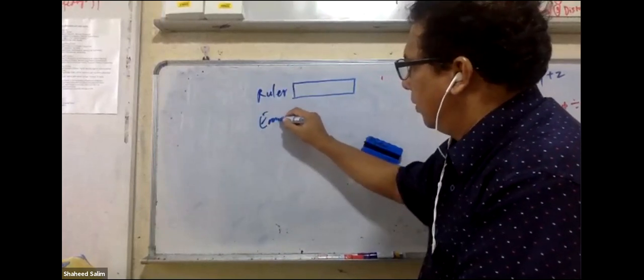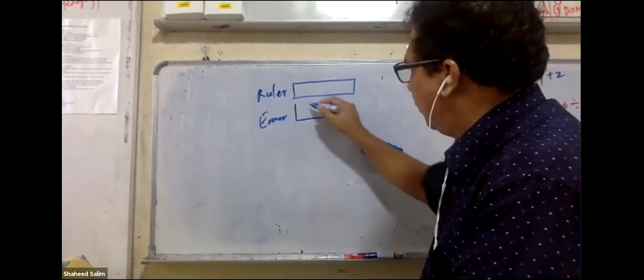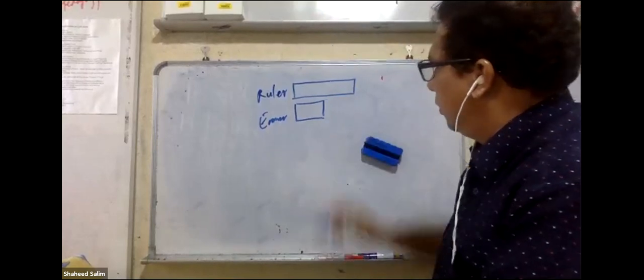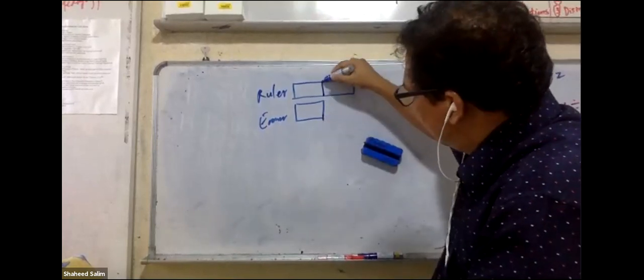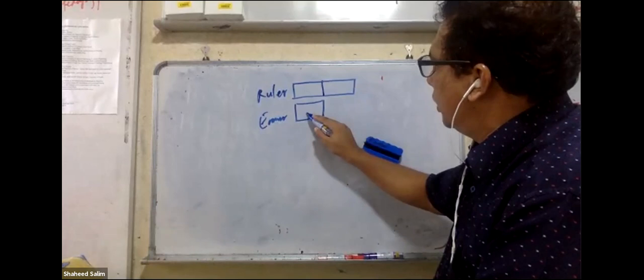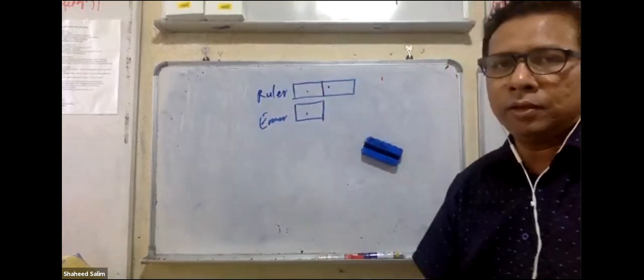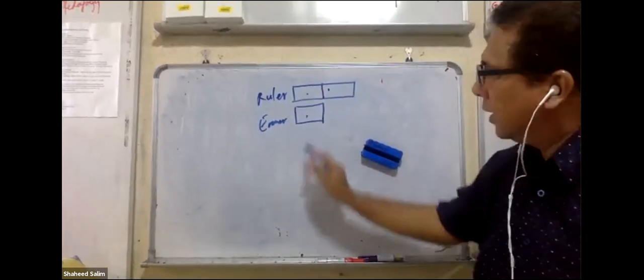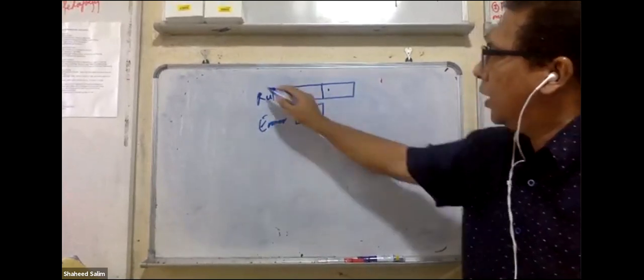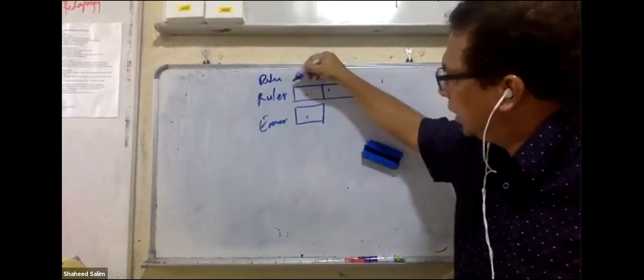Eraser is half. Why? I cut this now. Eraser is 1 unit. Ruler is 2 units. Correct? Eraser 1 unit, ruler 2 units. Now there are 2 rulers, so I draw another 2 units.